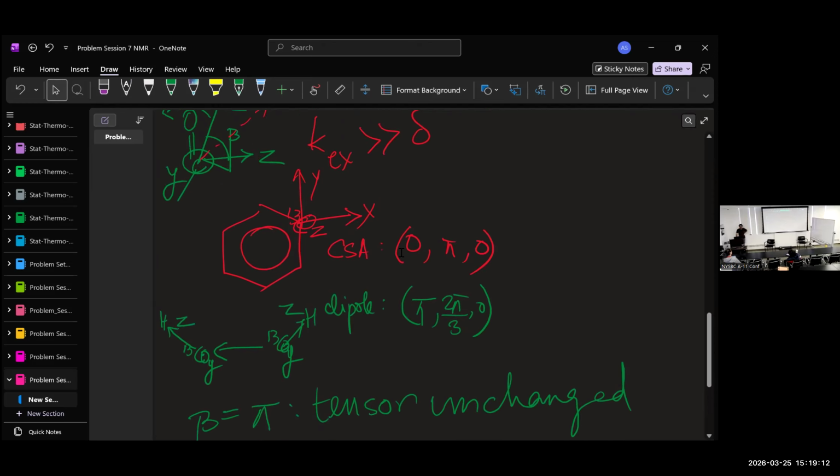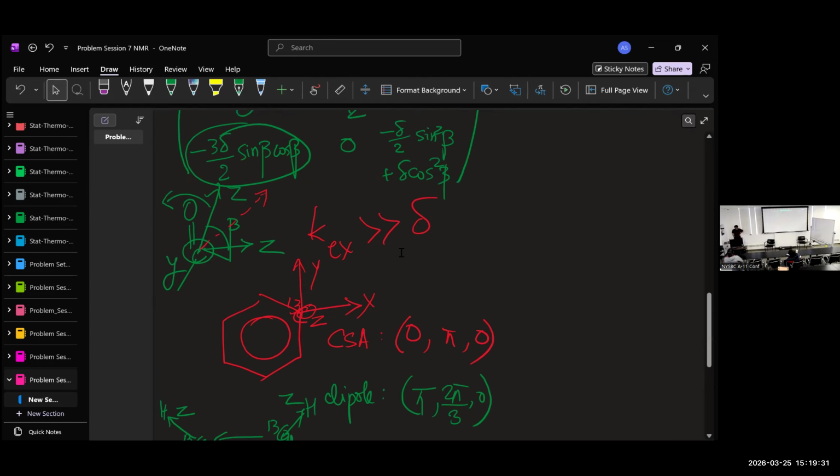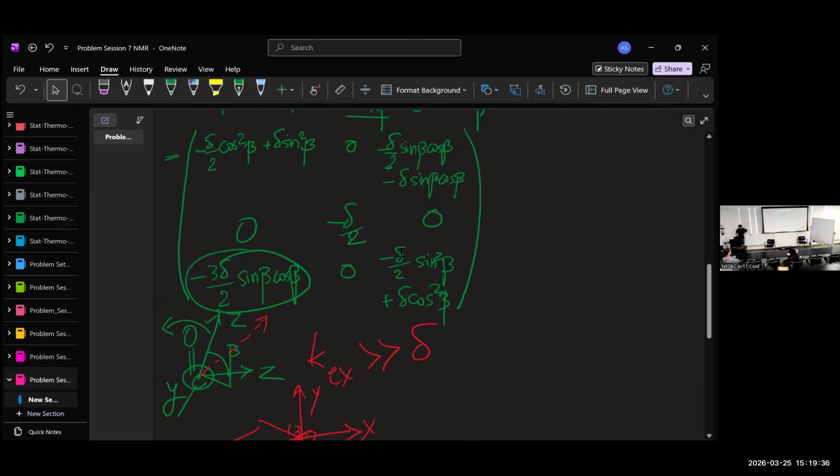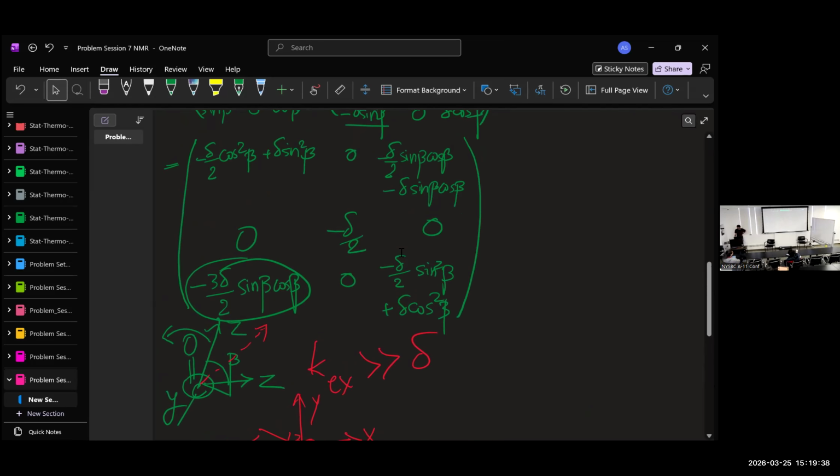Is it rotating by 240 degrees, right? A third of 360. Oh, you're doing this one. Okay. For beta equals 90, this tensor is also simplified. What does it look like?